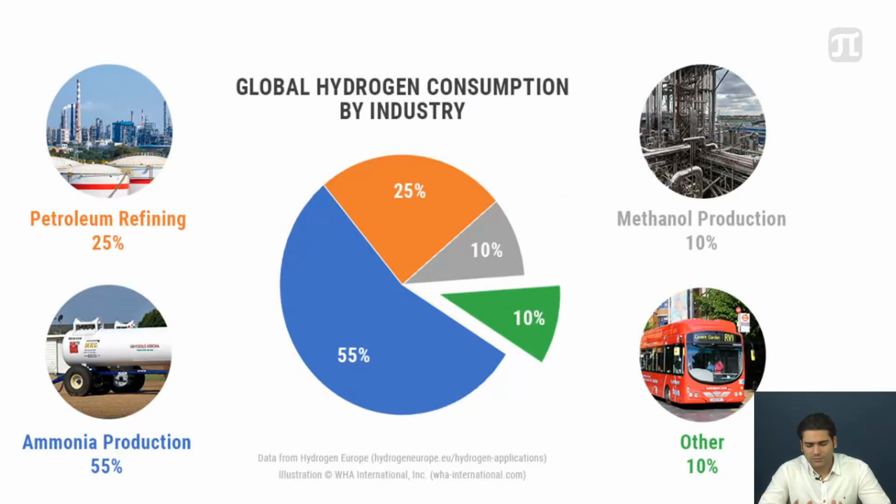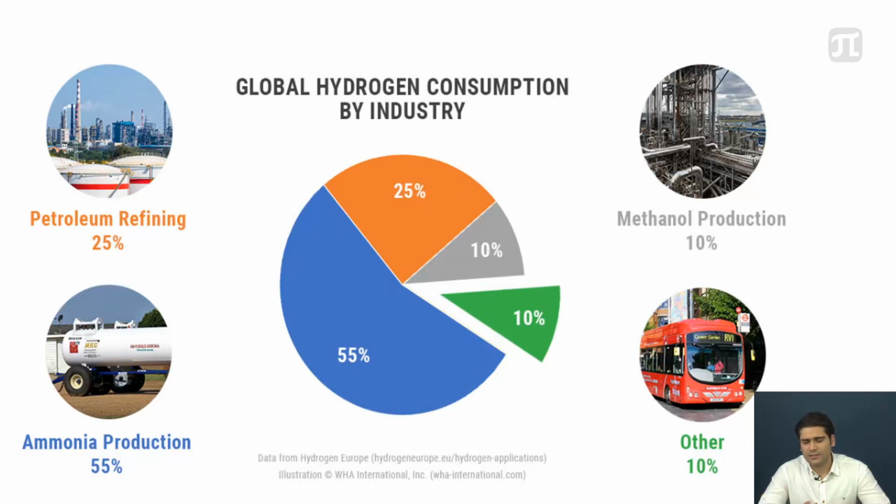So before talking about the main methods of hydrogen production, and especially nuclear hydrogen production, let's talk a little about the main applications of hydrogen in the world nowadays. You can see in this slide that 55% of all produced hydrogen in the world is used for ammonia production, and 25% is used in petroleum refining.